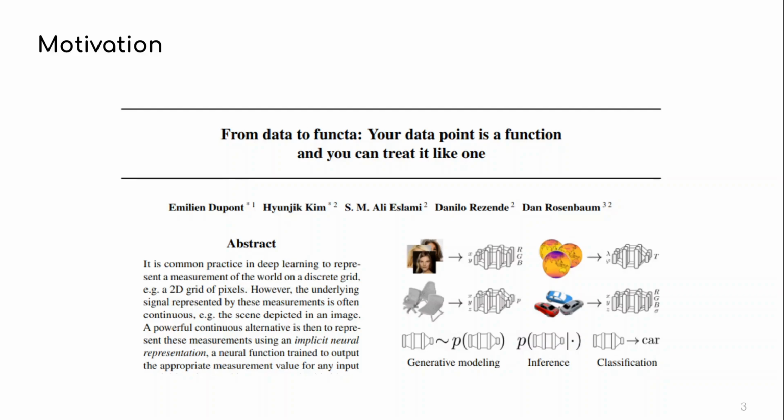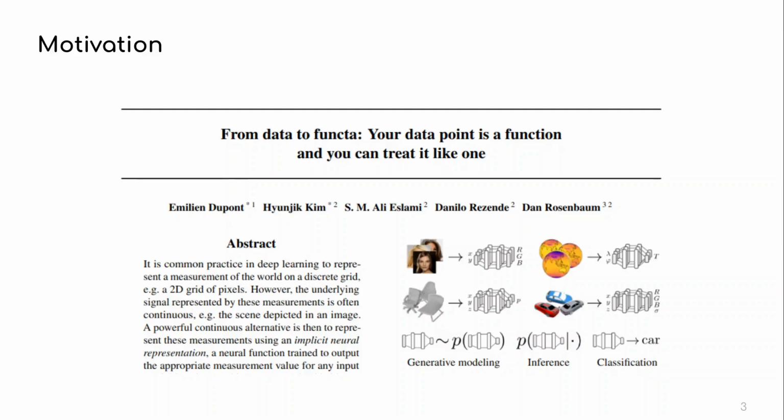But anyway, I see that they have the point that really most of our data points, we're treating them as high-dimensional multivariate data, whereas really it's a function. It's a set of values defined on some domain. And in their paper here, they use neural networks to fit these functions.